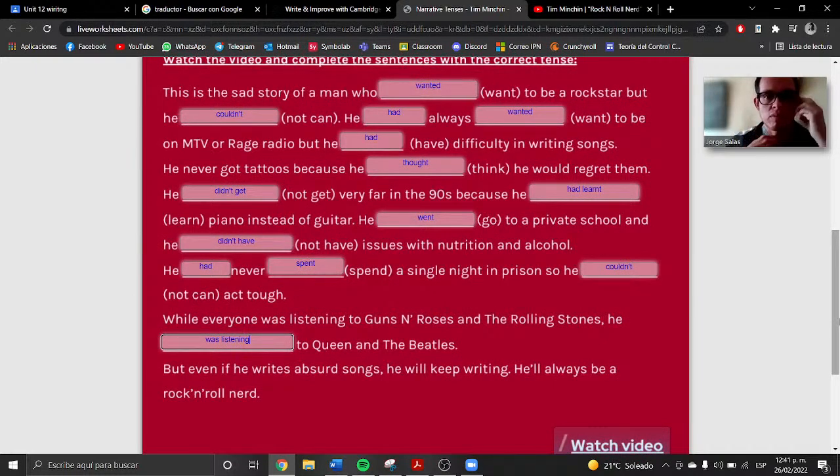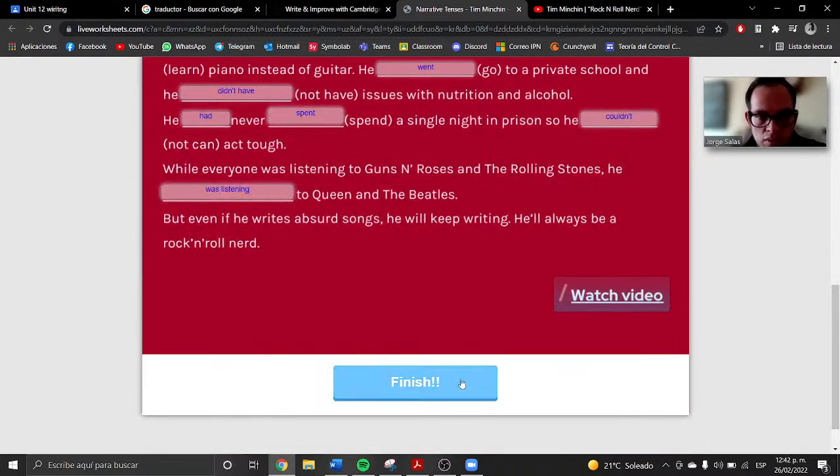In the correct ones, I can see. No, it puts the correct ones in green and the wrong ones in red, but it does not show the correct answer. The correct answers, all the answers. Okay, let me check. It should be there. Just a second.